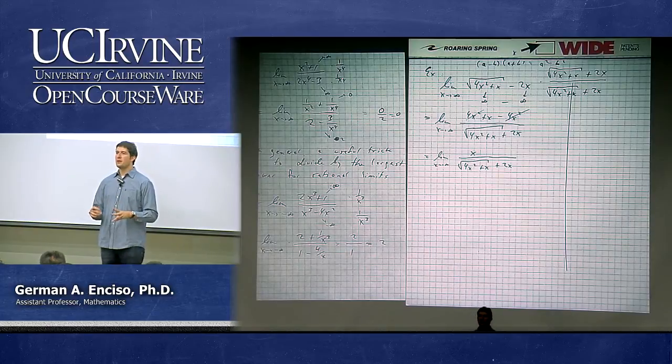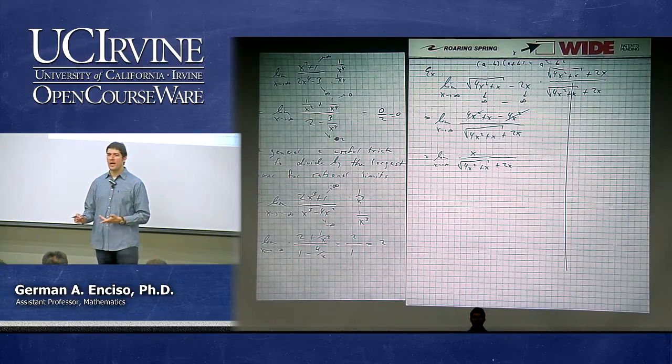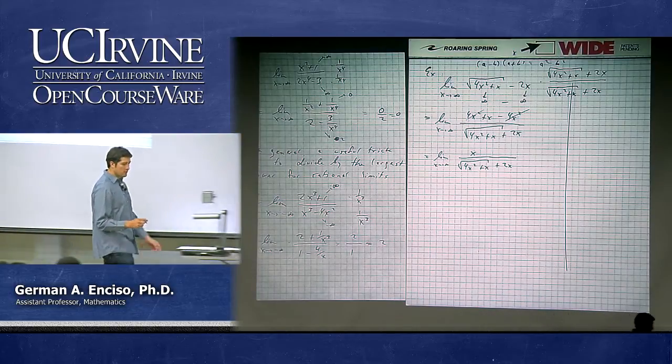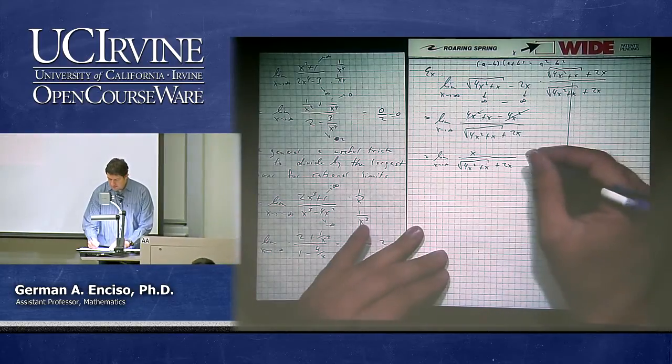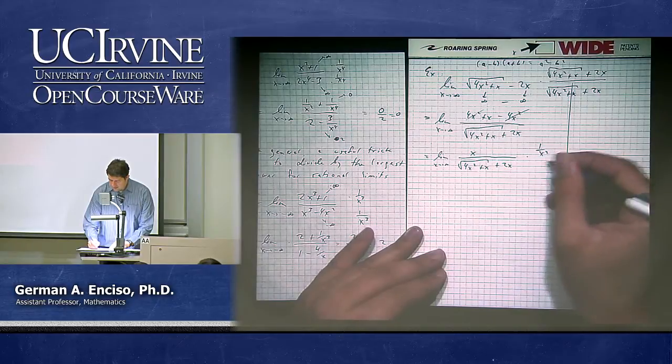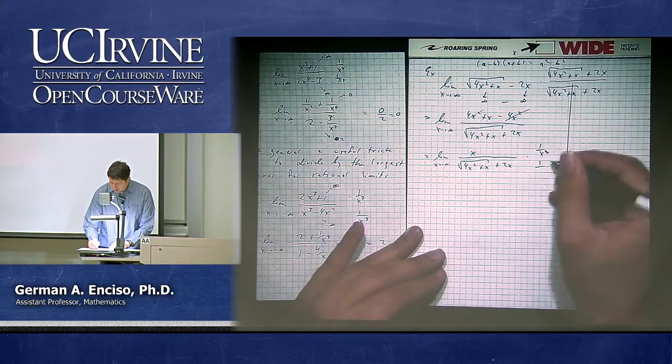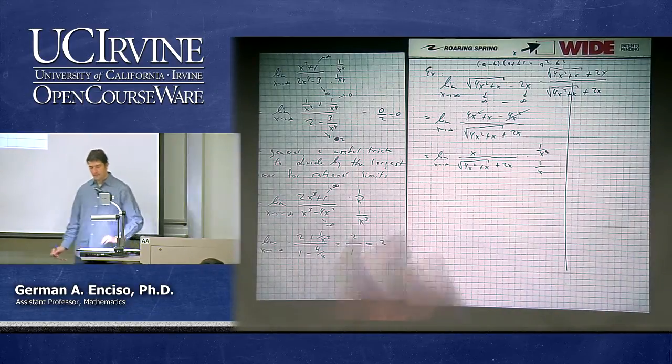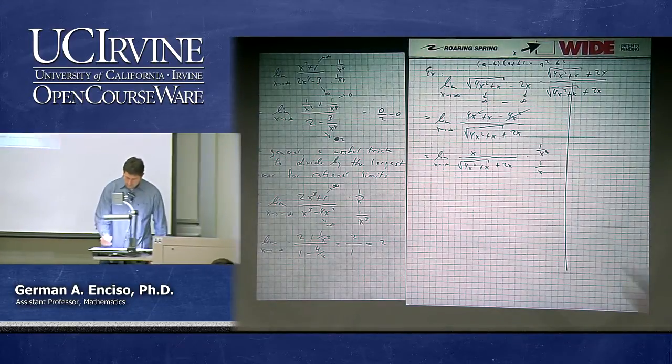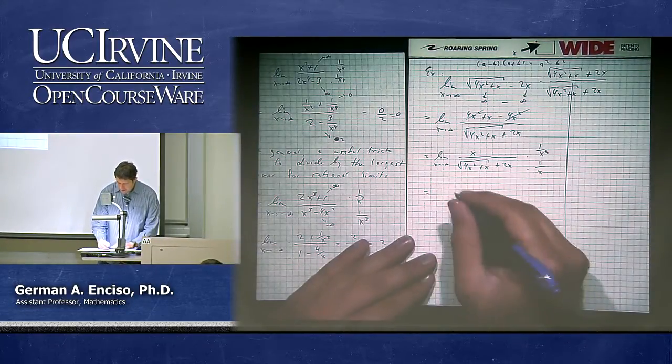Be it as it may, we're going to try out multiply by 1 over x up and down and see what happens. So let's try this idea of doing the same thing as before. I'm sorry, not x squared, by x. Okay, let's see what happens.